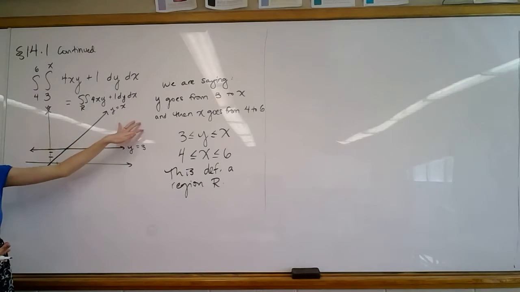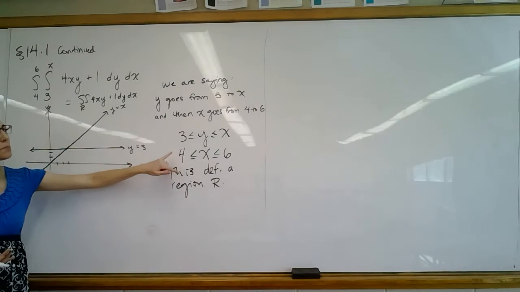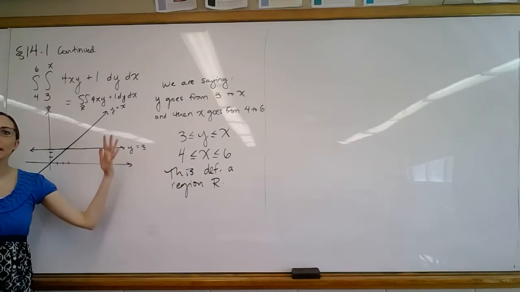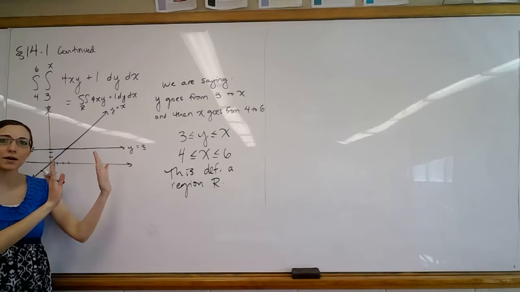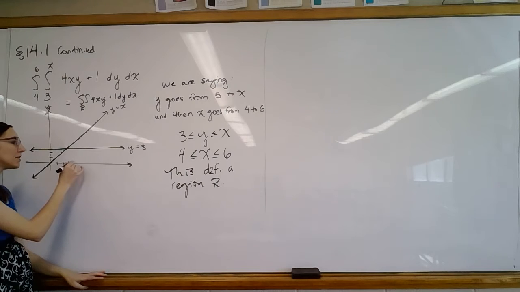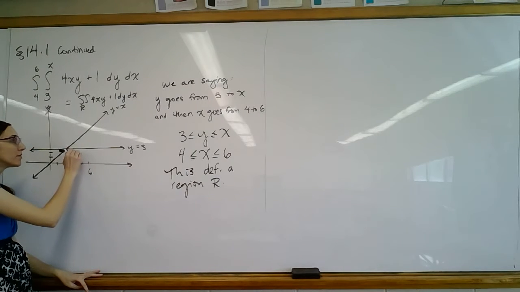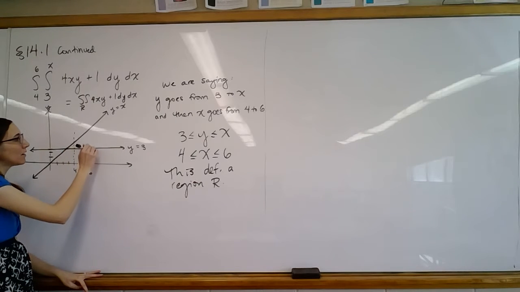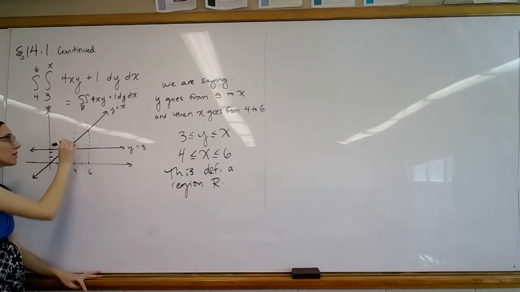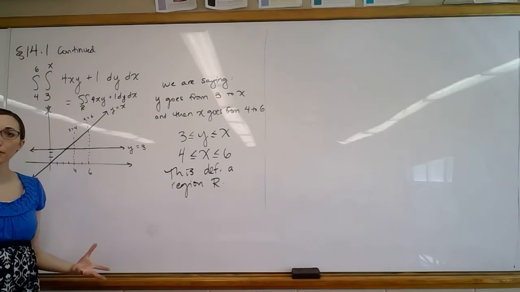We're somewhere in this region, and then my secondary bounds, the bounds on x, tell me where I'm pinching that region in horizontally. So x is going to go from 4 over to 6. If we draw where those are, x equals 4 and x equals 6 are both vertical lines.